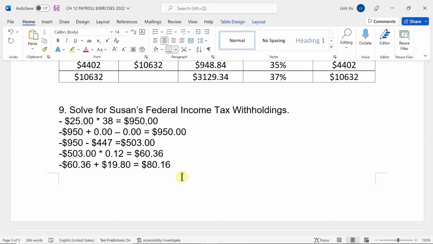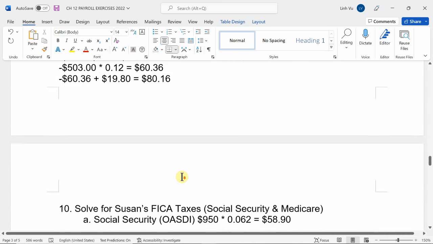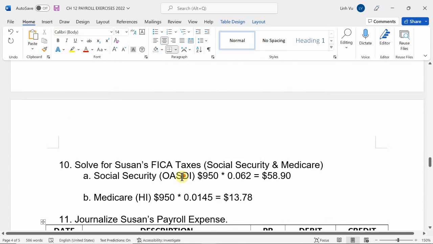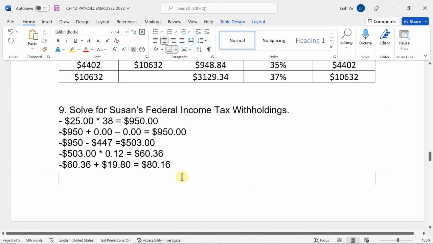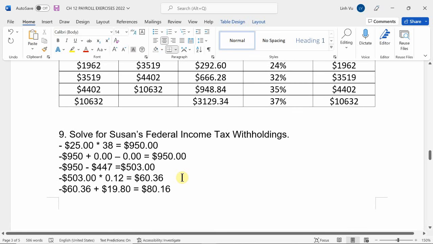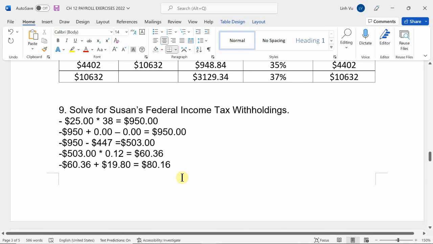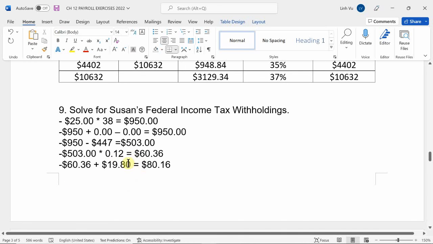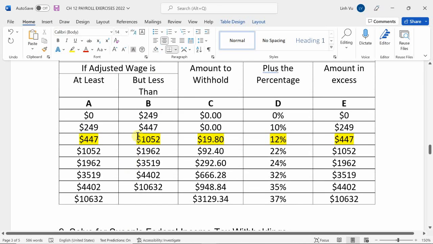At the bottom it says 60.36 plus 19.80 equals 80.16. So remember, 19.80 is what the government's going to take away from your paycheck regardless of what you earned.